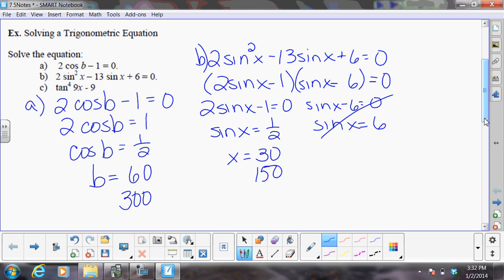And the last one, oh, there's a misprint. I don't know if it's on your notes or not, but it should say equals 0 at the end. Tan to the fourth of 9x minus 9 equals 0. Okay, so I want tan to the fourth of 9x by itself. So move 9 over.